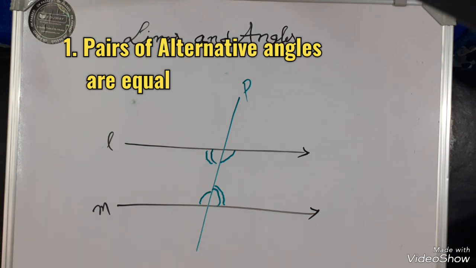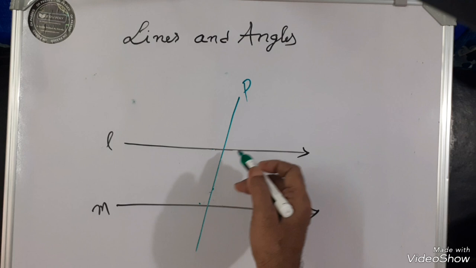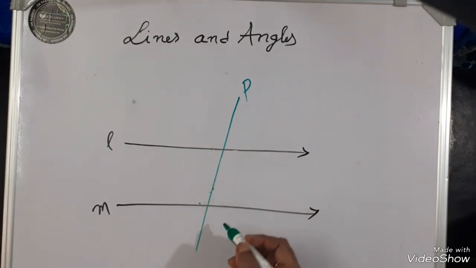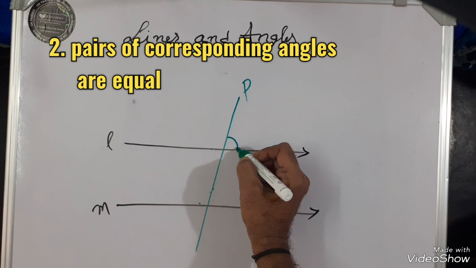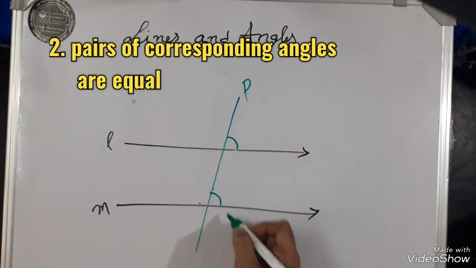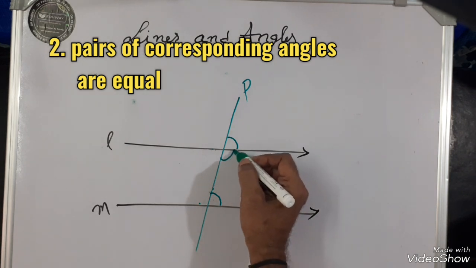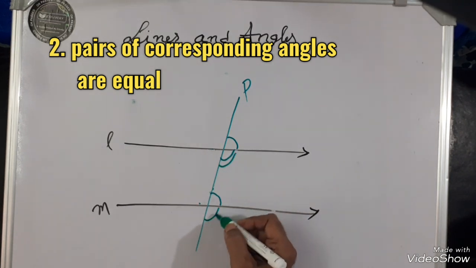Next. When two lines are parallel, their corresponding angles are also equal. These two angles are equal, corresponding. Like that, these two are equal, corresponding angles.